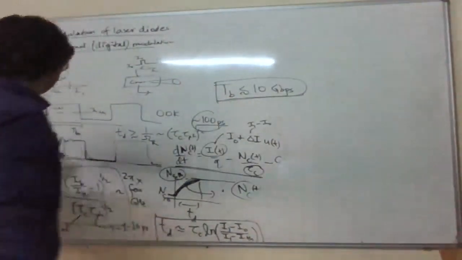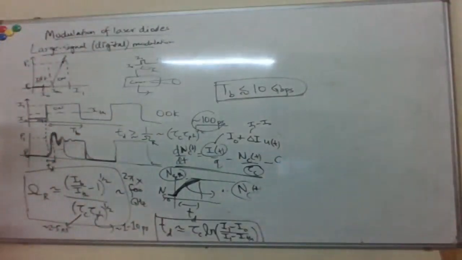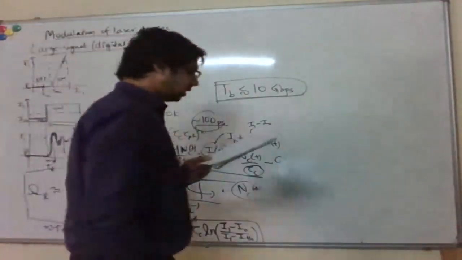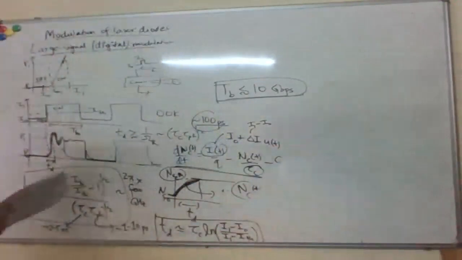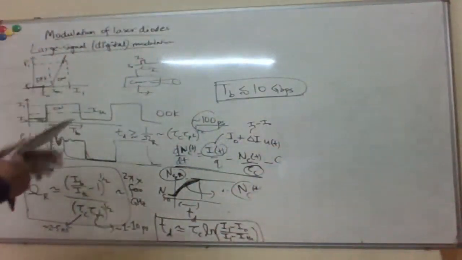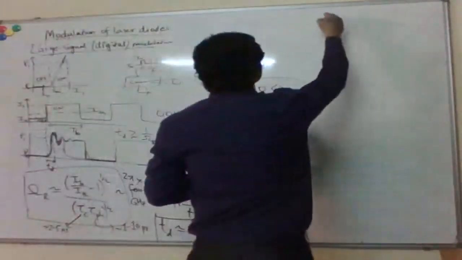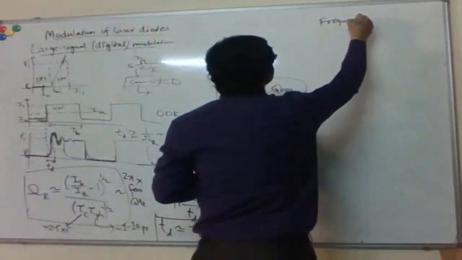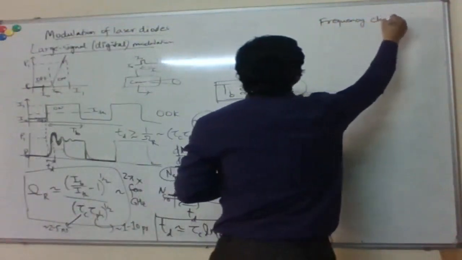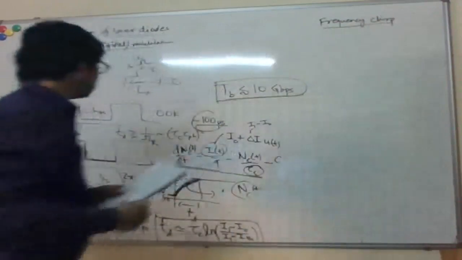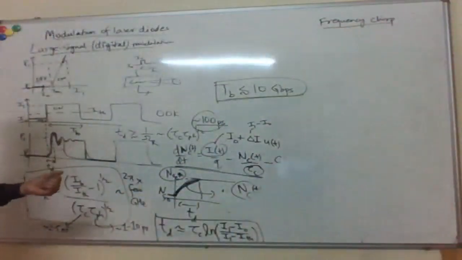So of course you can make pulses, so that's very nice. But there's an additional effect which happens when you do direct current modulation with these lasers, and that is you get a frequency chirp. Okay, so these pulses are actually not so-called transform limited pulses, right?